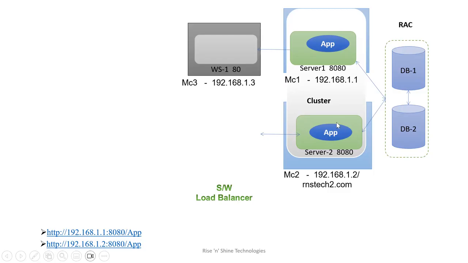Backend app servers can be routed from the web servers. But web servers by default are not able to route it. We need to configure some modules or plugins. By adding these plugins, we can configure the web server as a proxy server.